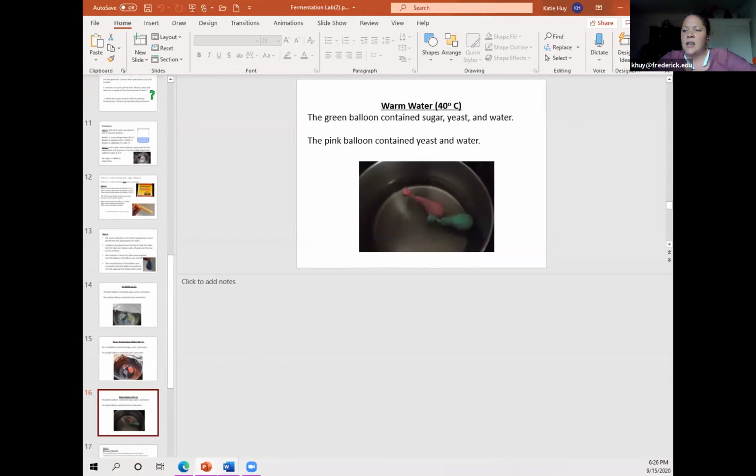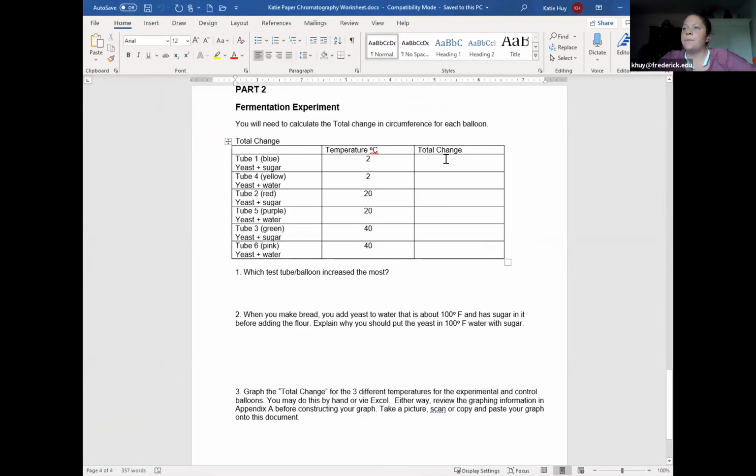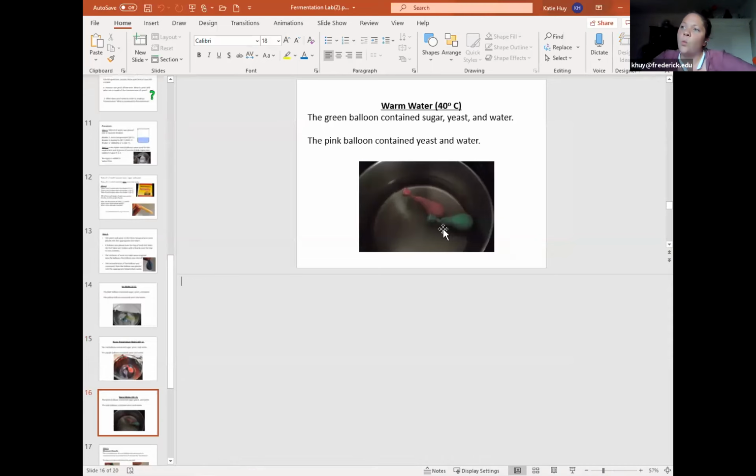So what you're going to see on your sheet is this table here. And so we are looking at the change of circumference. The circumference is, if we were measuring around the balloon, we want to know, does that balloon expand, or is it going to shrink, or does it stay the same?